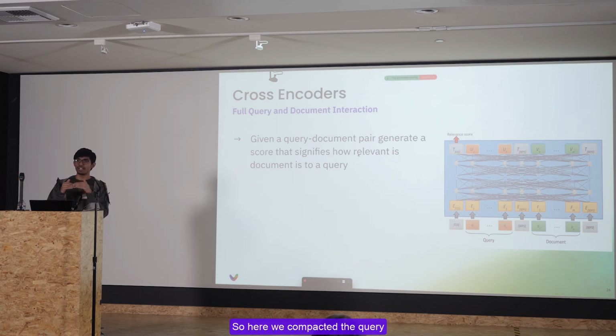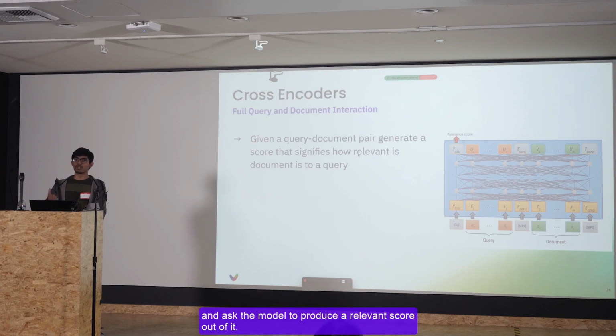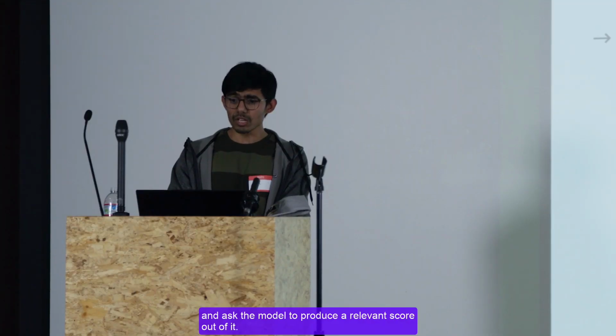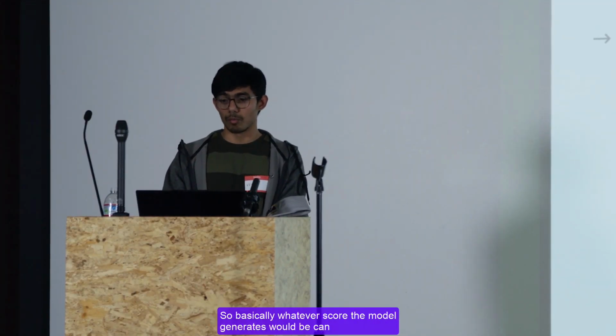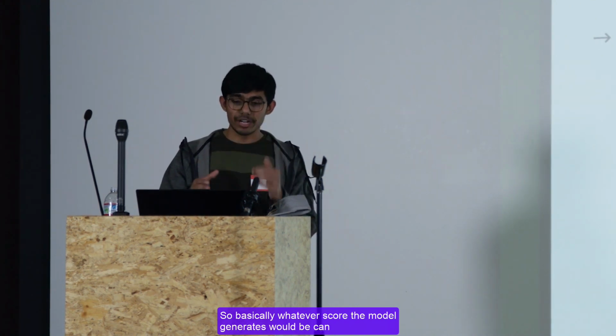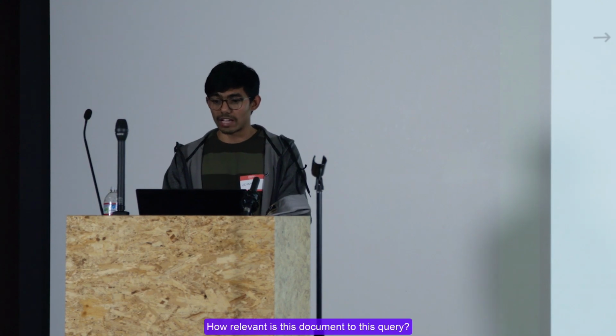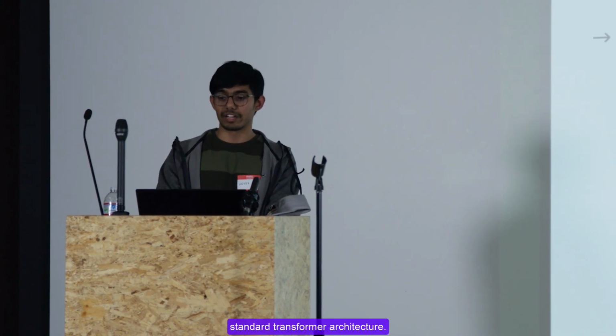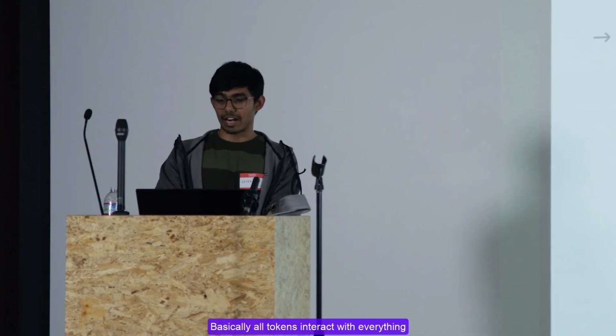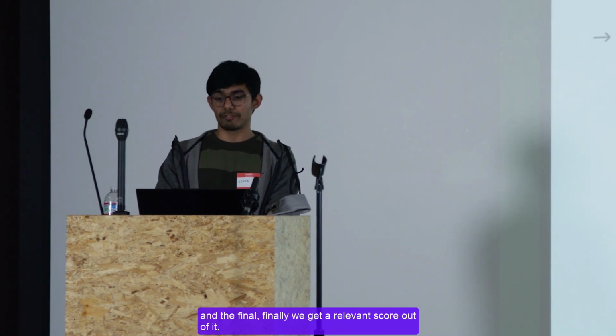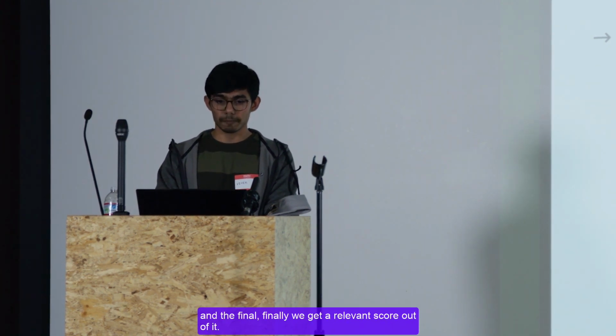Here we concatenate the query and document into a single piece of text, pass this text to the model, and ask the model to produce a relevance score out of it. Whatever score the model generates can be interpreted as how relevant this document is to this query. This is the standard transformer architecture: all tokens interact with everything, and finally we get a relevance score out of it.